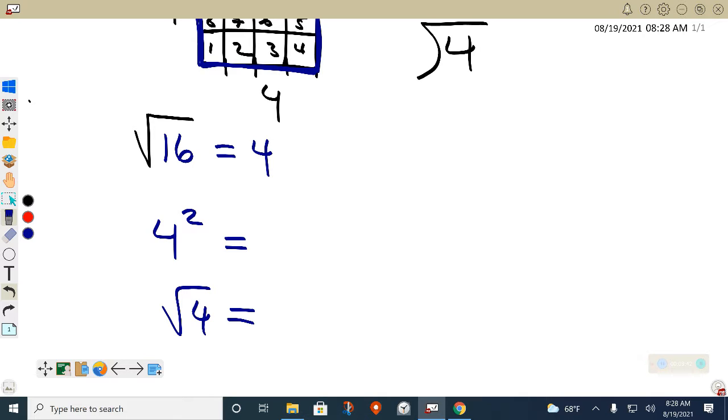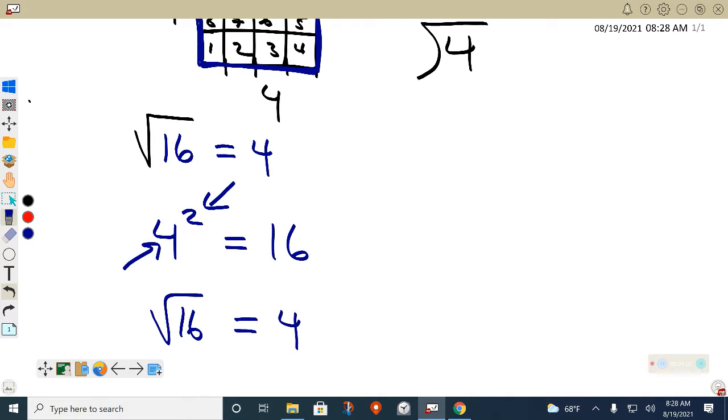It's like the reverse. Like division is the opposite of multiplication, subtraction is the opposite of addition. If I take the second power of something, 4 to the second power is 16. To undo it, I take the square root of 16. That's going to be 4. I'm right back where I started. So squaring and square rooting are opposites of each other.